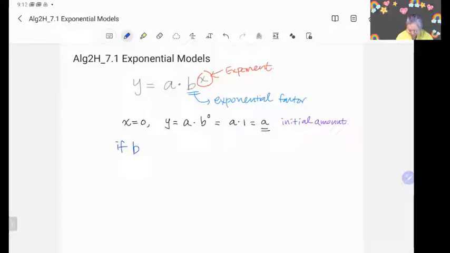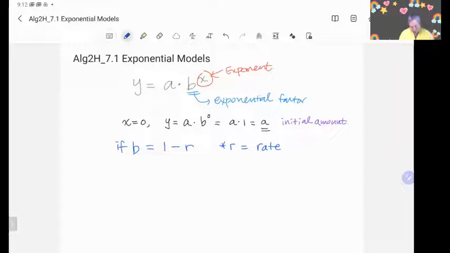The exponential factor b can be written as 1 minus r, with r being the rate.